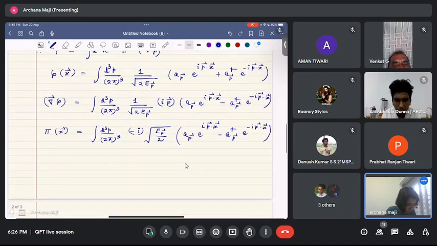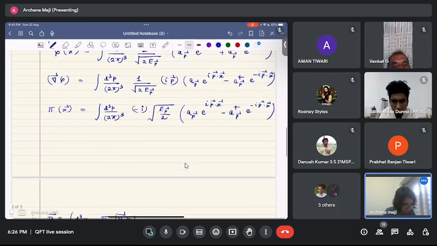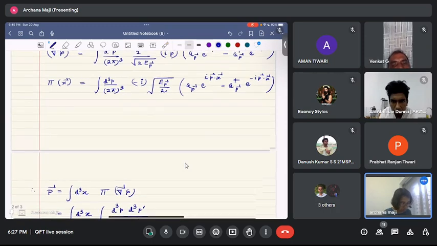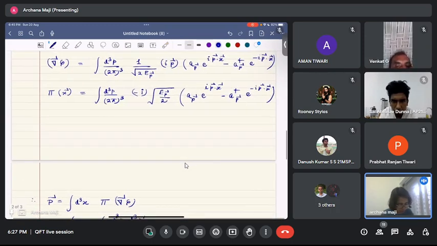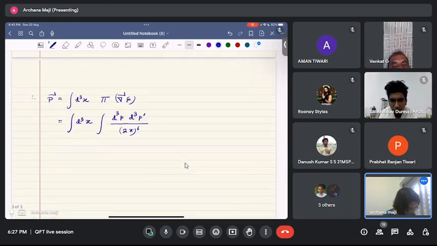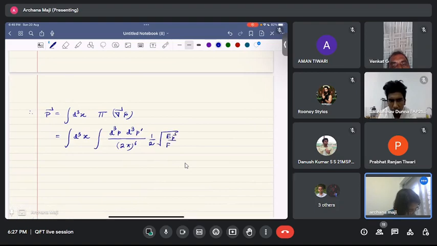The i is coming from the gradient of phi and the minus i is coming from the pi operator, so that will become plus. Using p for the variable of pi and p prime for the gradient of phi, we have half square root of E_p divided by E_p prime.